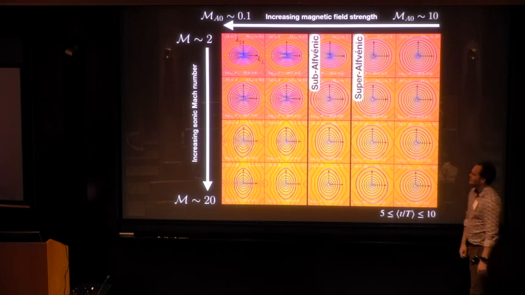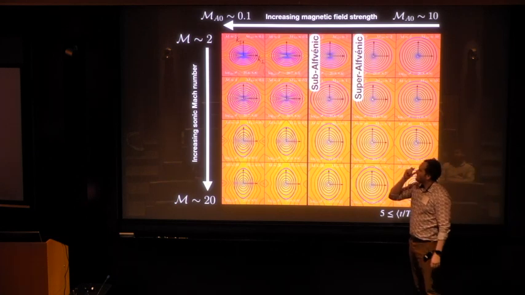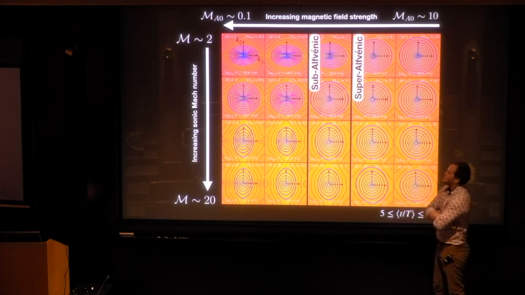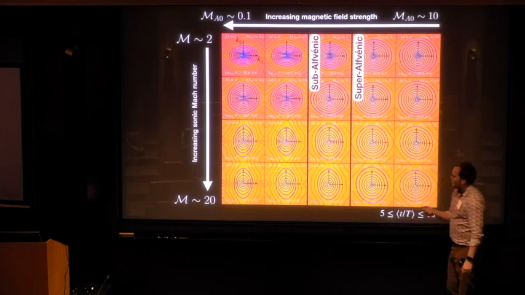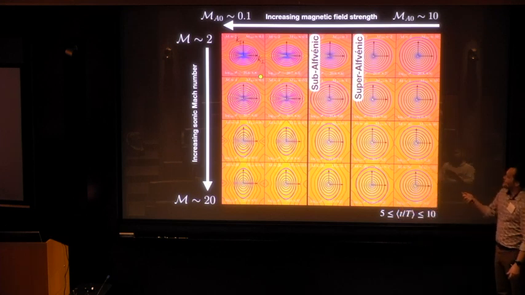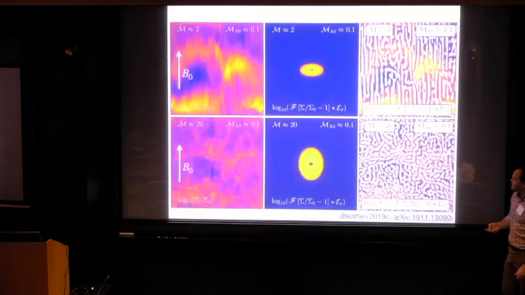We can average over a number of turnover times, and we get these really interesting structures here. So essentially, the anisotropy only really comes in the sub-Alfvénic regime, and you get these 2 distinct modes. You get anisotropies along K perp, and you get anisotropies along K parallel. So what do these correspond to?